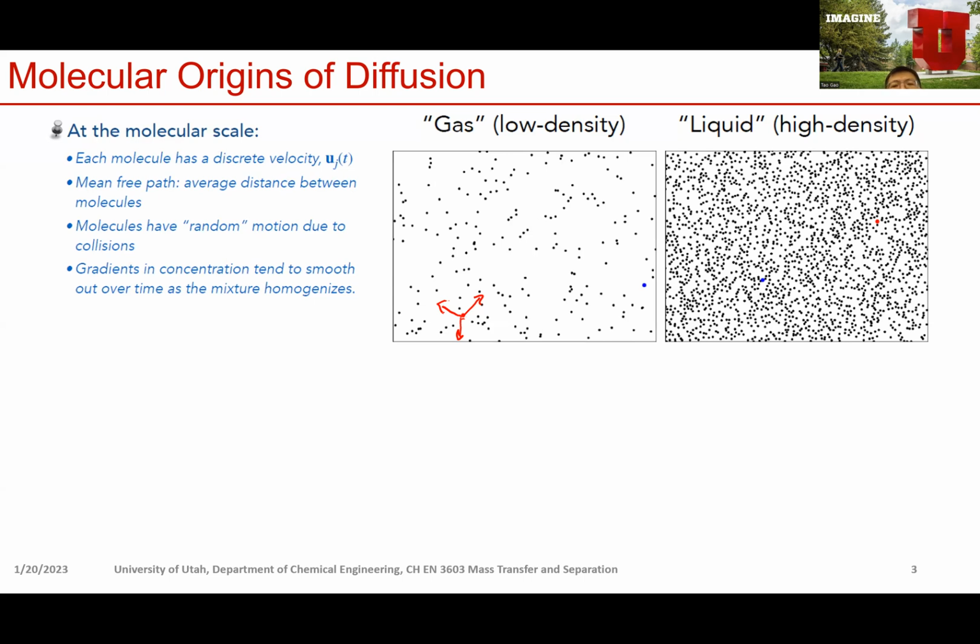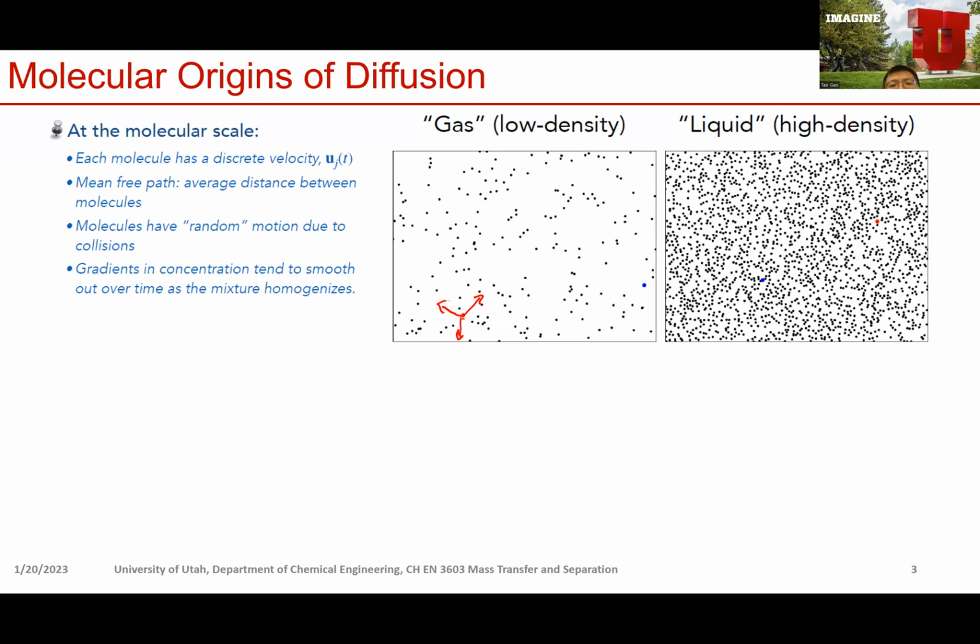Now, obviously, in liquids, in the same volume, we have more molecules. So there's a higher chance of a liquid molecule being engaged in a collision and changing its direction of movement. So in liquid, the mean free path is going to be smaller than in the gas situation.